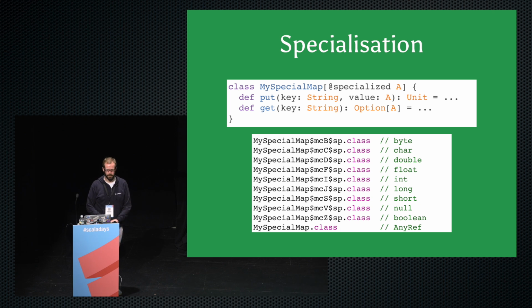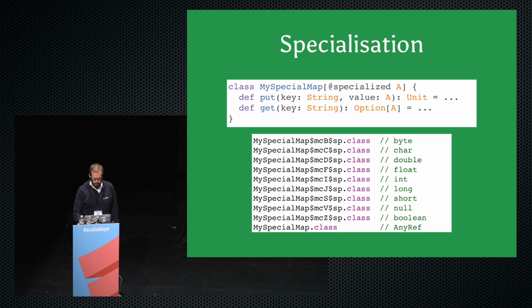You just add the specialized annotation to your type parameter. So I've got a MySpecialMap here with a specialized type parameter A. And when I compile this, the compiler will generate all of these 10 different versions of my class. So there's one for each of the primitive types, there's one for Null, and there's one for AnyRef. So just the normal non-specialized version.